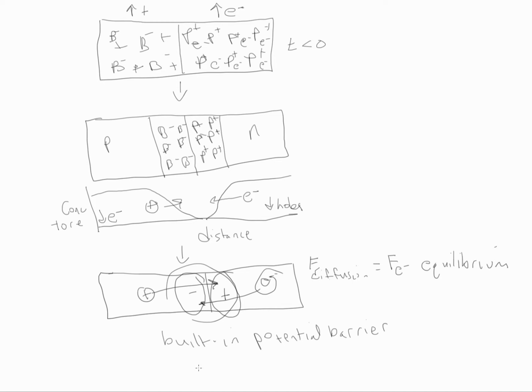And so V built-in is equal to kT over e times the natural log of the acceptor concentration times the donor concentration over the intrinsic concentration squared. And if you remember, kT over e is equal to VT, the thermal voltage. I'm just rewriting the formula with VT in there.